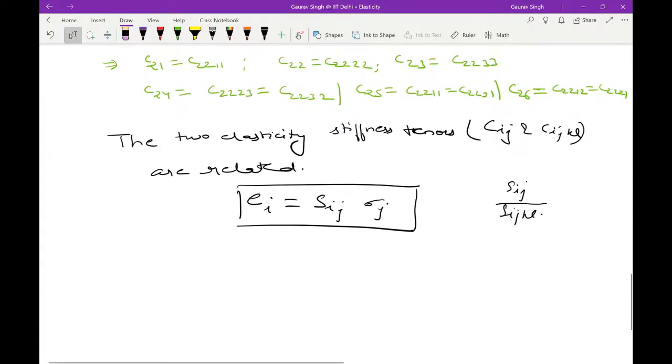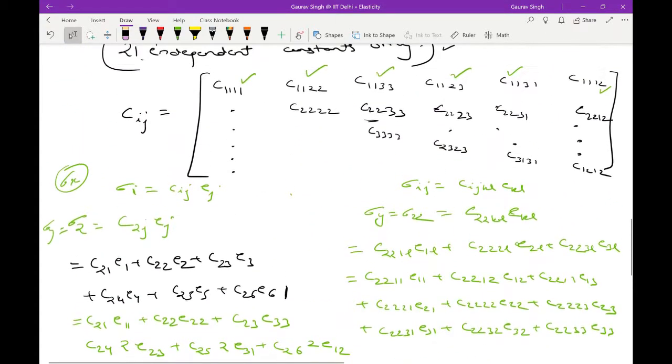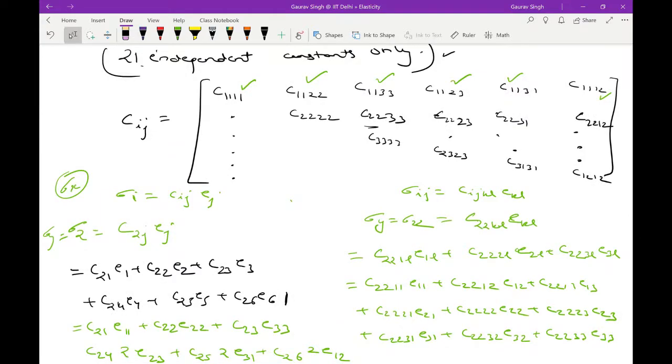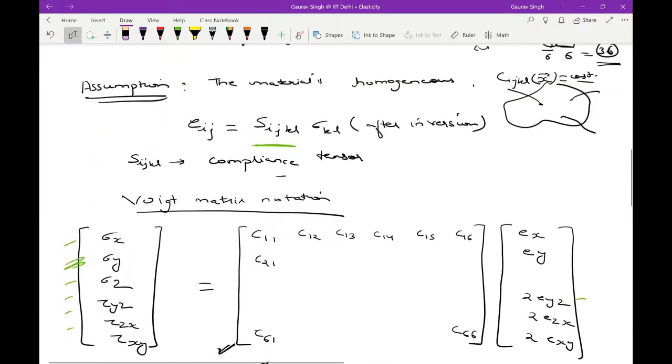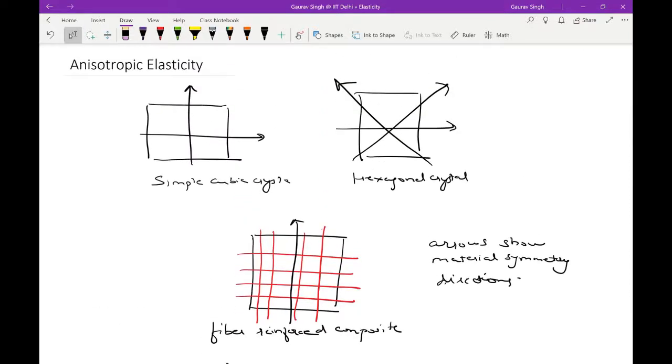Now, once we are done with this, let's take up the topic of material symmetry. In this topic, we have earlier claimed that there are certain directions where the elastic response is the same.